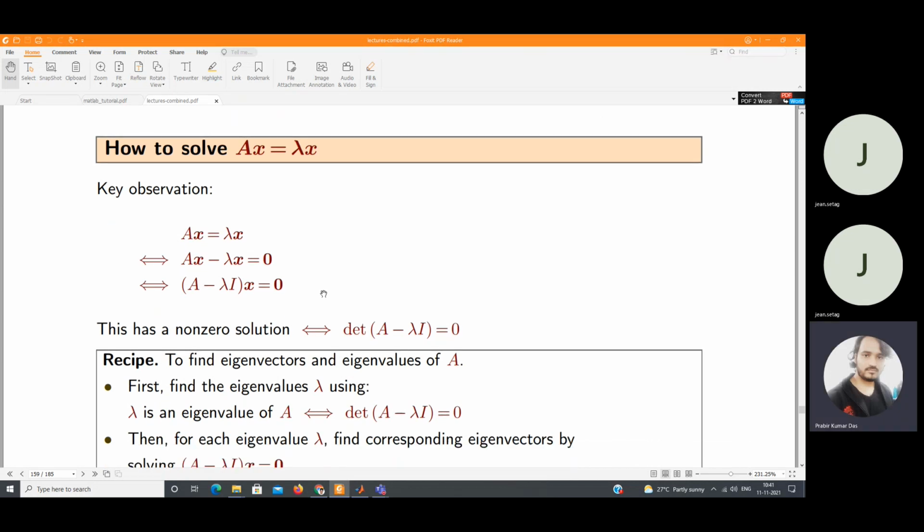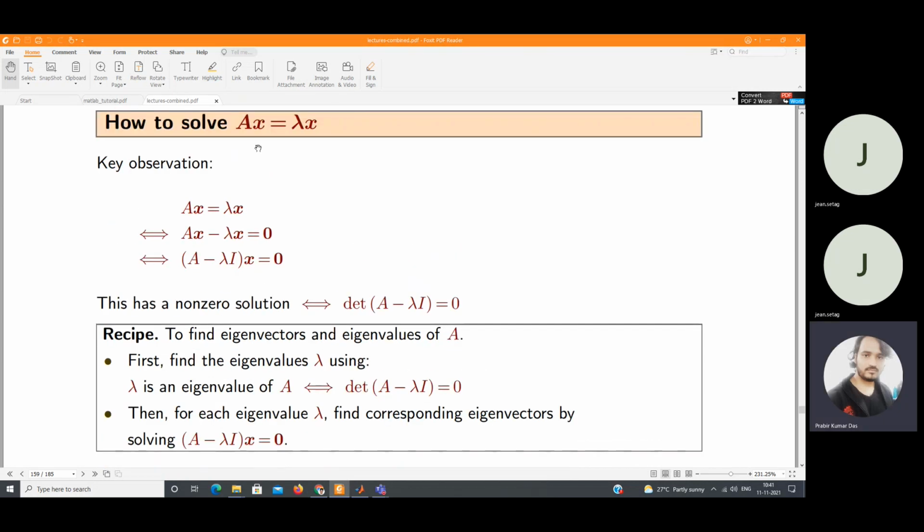Okay, so you can also write it down. From the equation Ax equals lambda x, we get the equation (A minus lambda I) x equals 0. These two are the same equation. So when you are told to calculate an eigenvector, you use either this equation or that one.